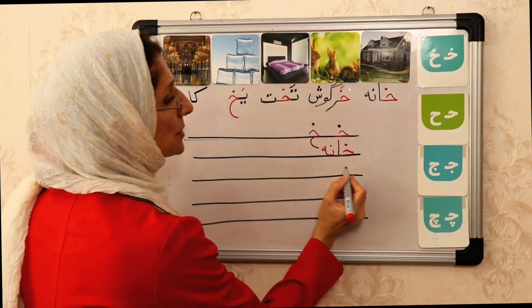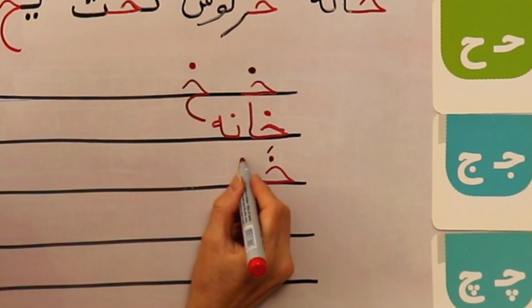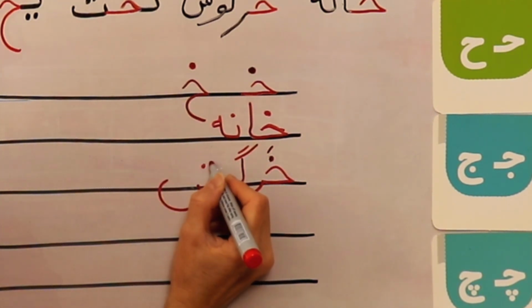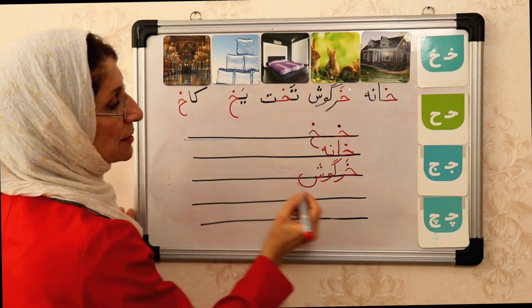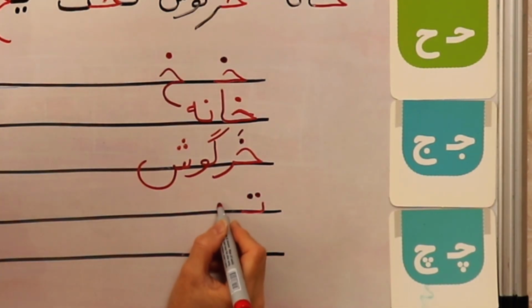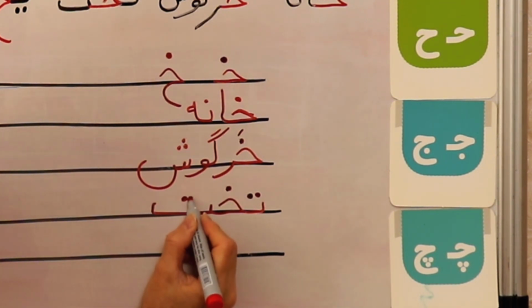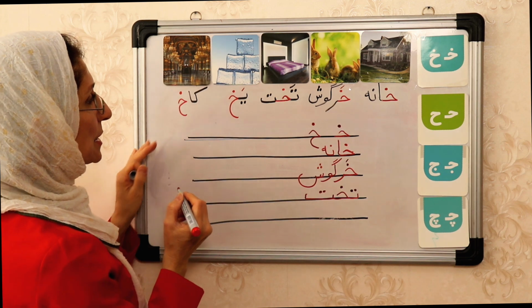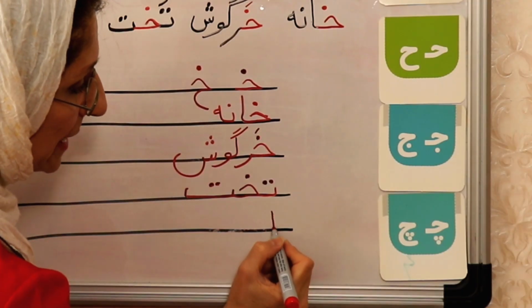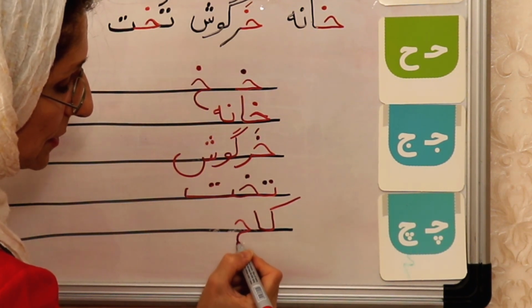One line of khargoosh. One line of takht. You see? And the last word, write kakh. Palace. Kakh.